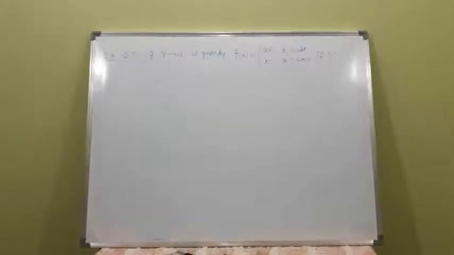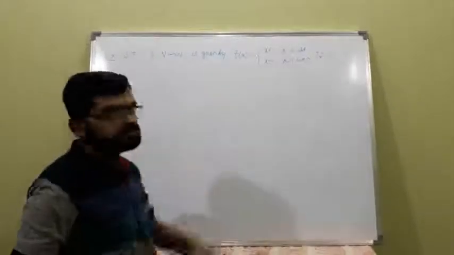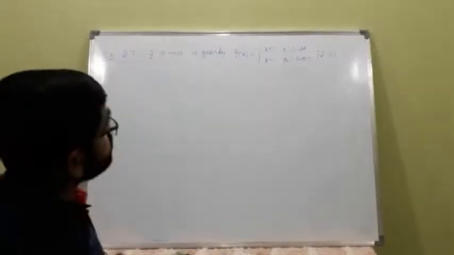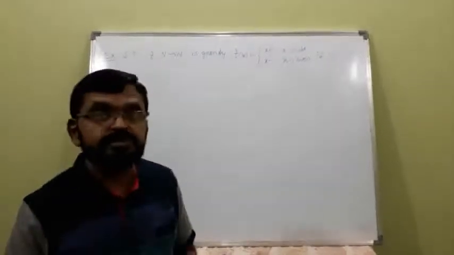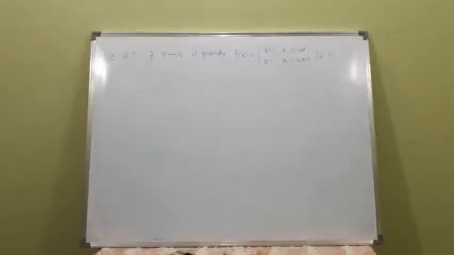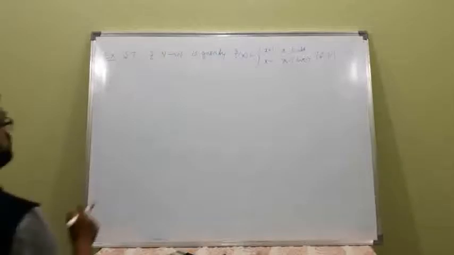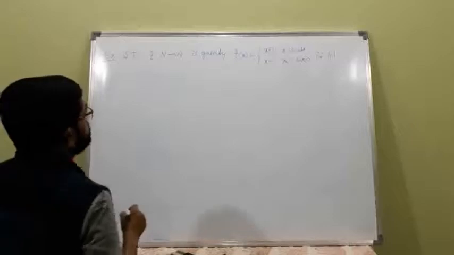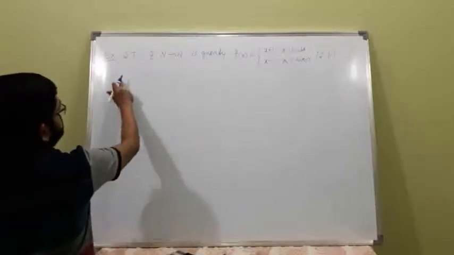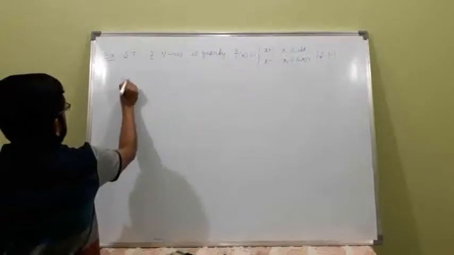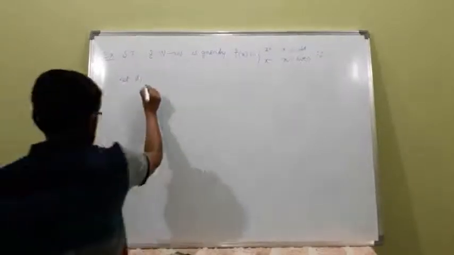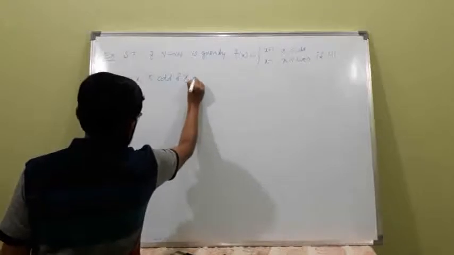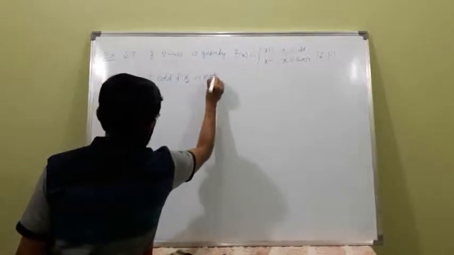Show that the function N to N given by f(x) = x plus 1 when x is odd, x minus 1 when x is even, is a 1 to 1 function. There are 3 cases. Okay, let us find. Let x1 be odd and x2 be even.